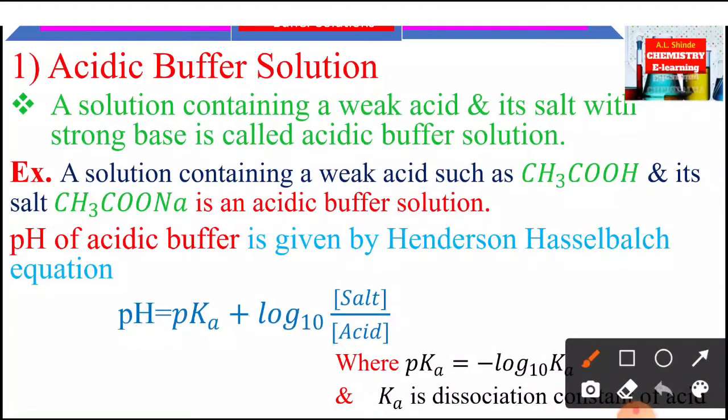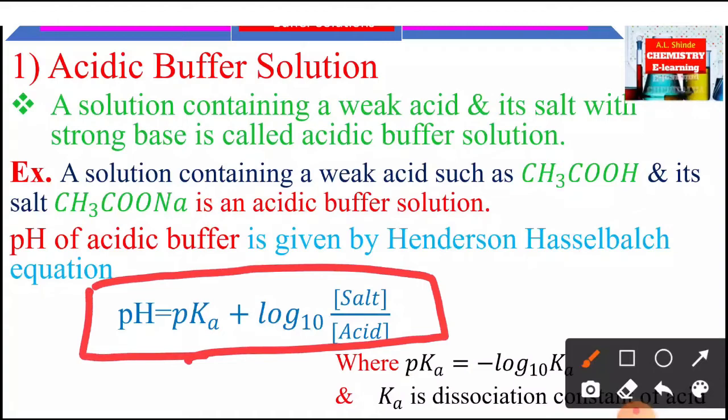In this Henderson-Hasselbalch equation, that is, pH is equal to pKa plus log to the base 10 of molar concentration of salt divided by molar concentration of acid.